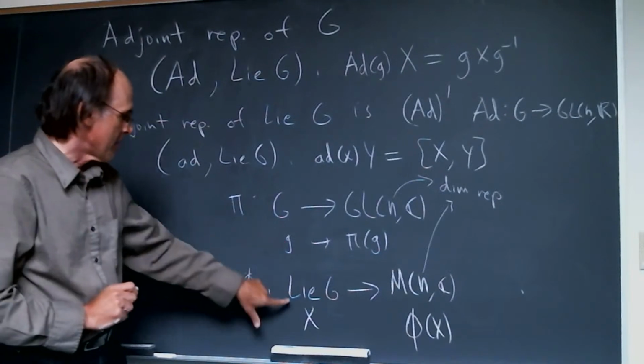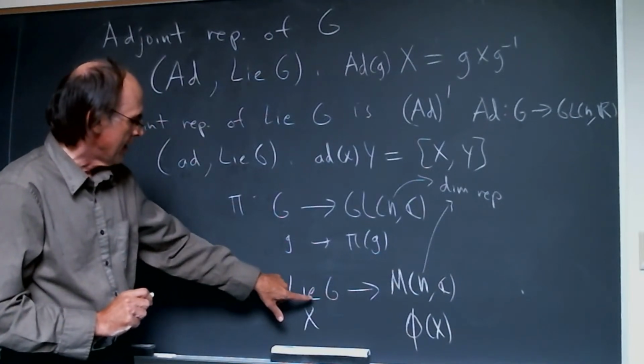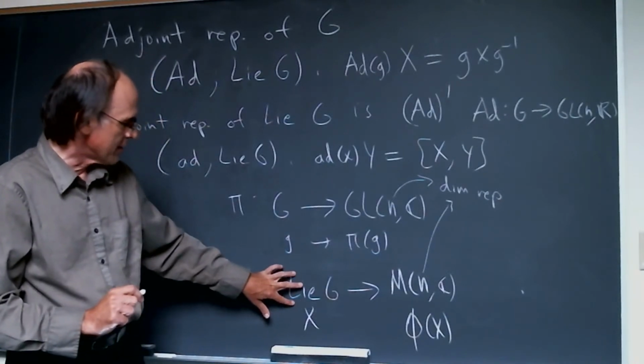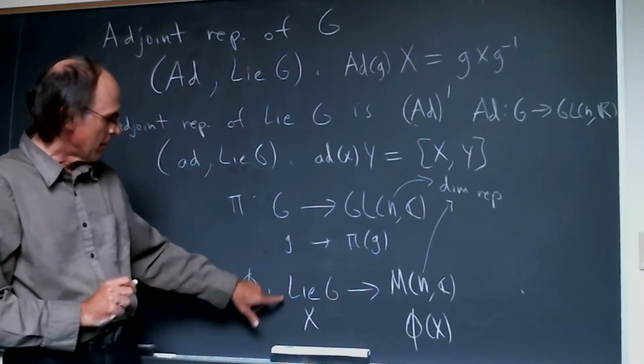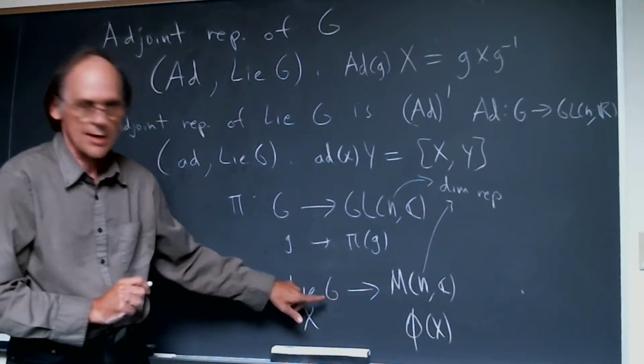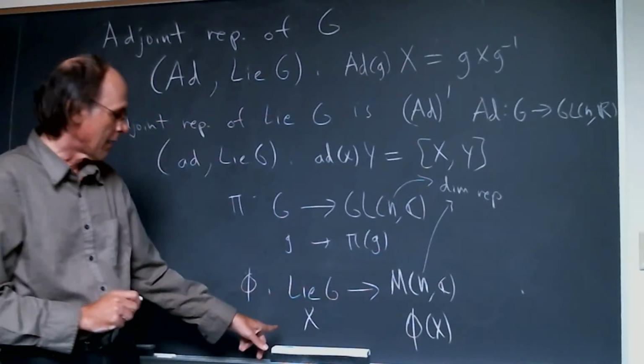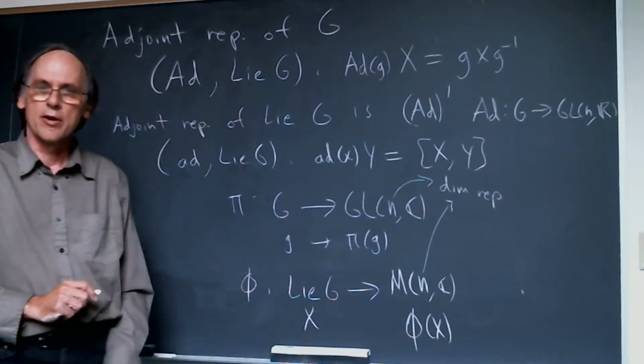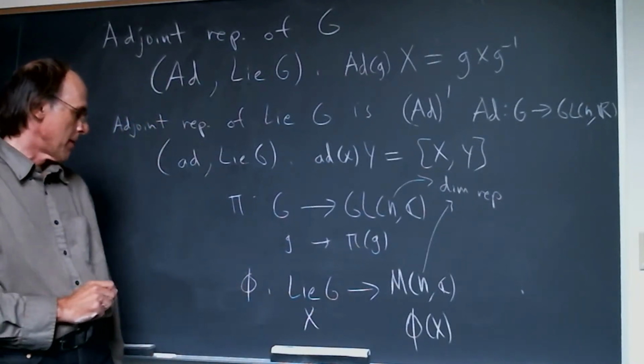Same thing down here: if G is a matrix group, then its Lie algebra is again a Lie algebra of matrices, but the matrices in here satisfy some particular condition, like being antisymmetric or skew adjoint or something like that.